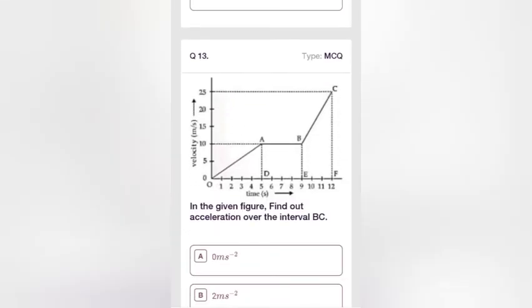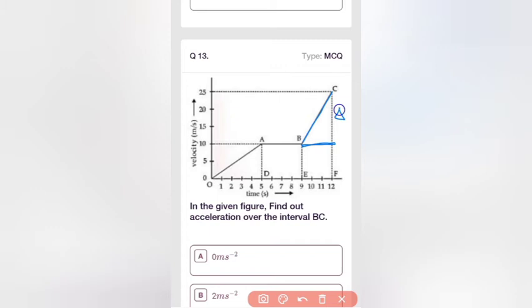In this graph, find out the acceleration over the interval BC. They are asking you to find out what will be the acceleration over the interval BC, this one. So what will be the acceleration? We have to find the slope.